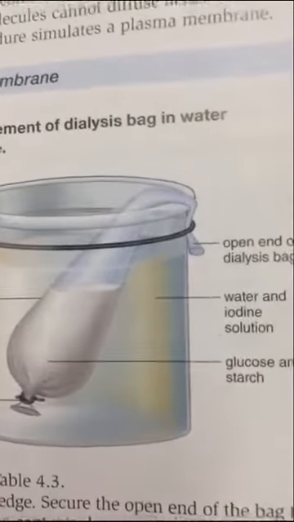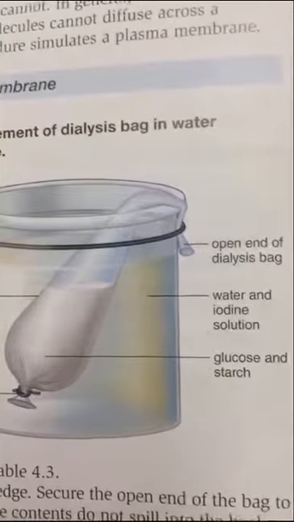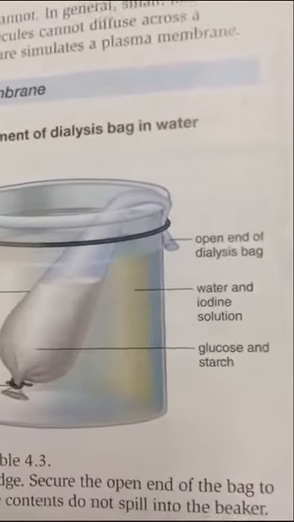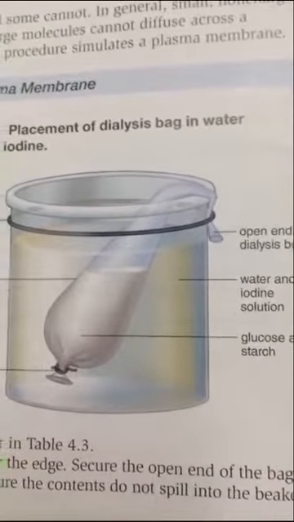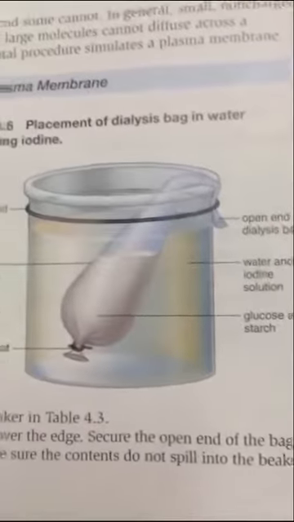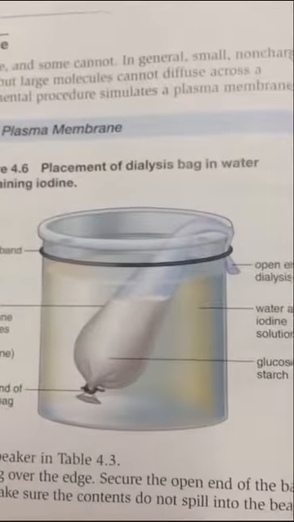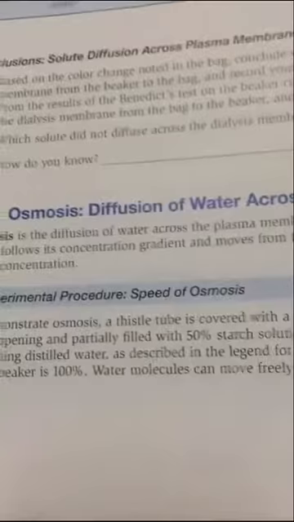What we want to see is what substances can move into the bag and what substances can move out of the bag. And you'll do a little testing on that. Just follow the directions. Again, we don't need to alter those directions at all.